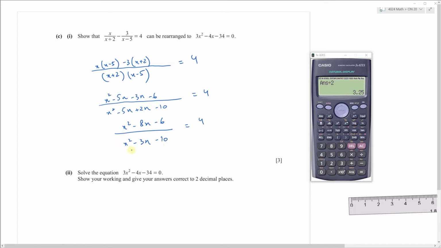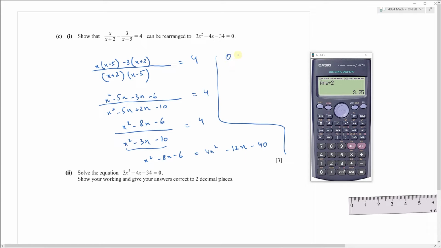Now I can take this whole thing and multiply it by the 4 on this side. So this will become x squared minus 8x minus 6 equals 4x squared minus 12x and then minus 40. Actually, let me take everything to the right side.